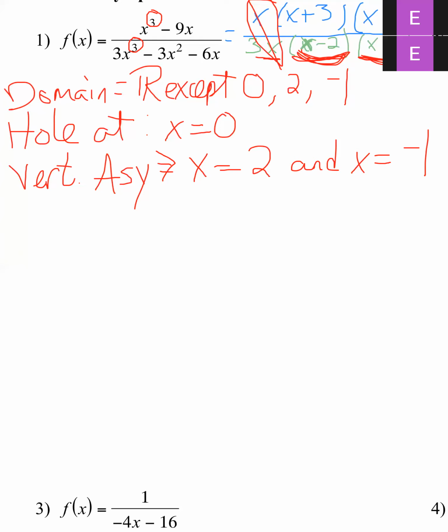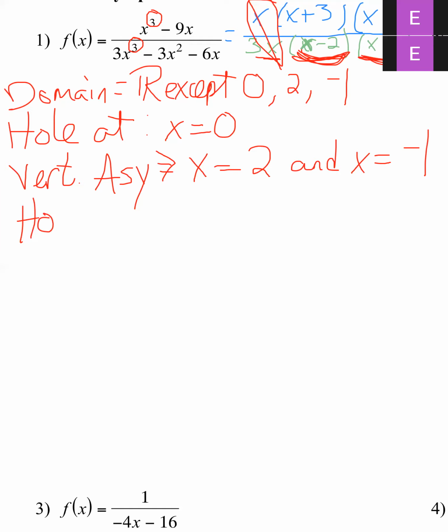Let's refer to your list and read what it says if the degrees are equal to each other. It says right here, if the degree of the numerator equals the degree of the denominator, then y equals a sub m over b sub n is a horizontal asymptote. What? What are they even saying? Okay, this is all it is. It's really not that bad once you get the hang of it.